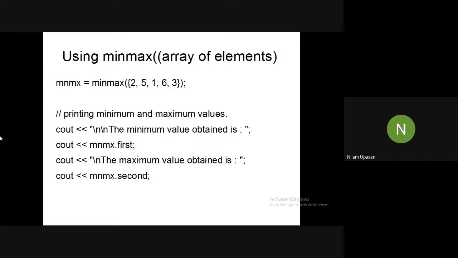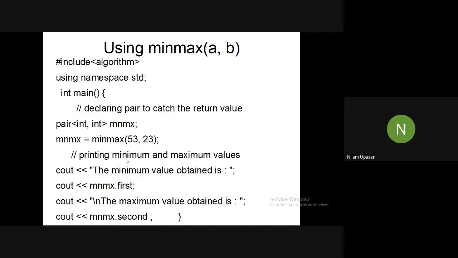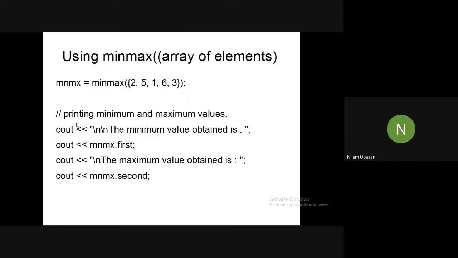Okay, so this is also a very useful algorithm which is available in STL, and it is very easy, we are simply using it. बस आपको familiar होना चाहिए उसके syntax से. Okay, so this is about the minmax algorithm.